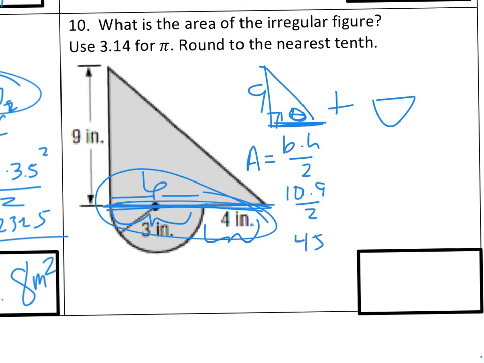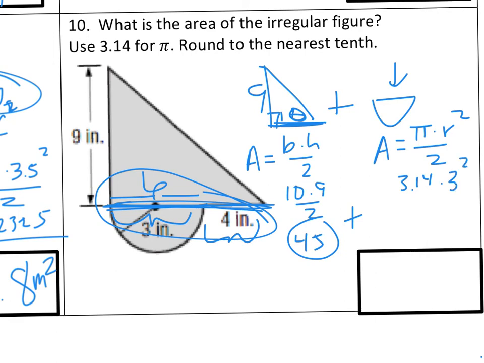I can do that in my head. It's 90 divided by 2. I'm going to add this with the answer to this formula right here, and that's going to be pi times radius squared divided by 2. So 3.14 times radius of 3 squared and then divided by 2.